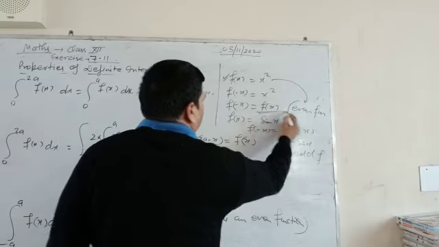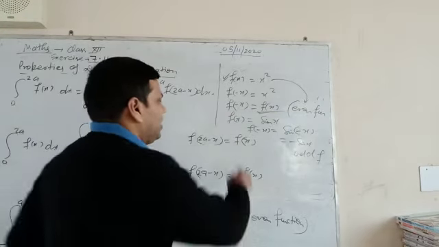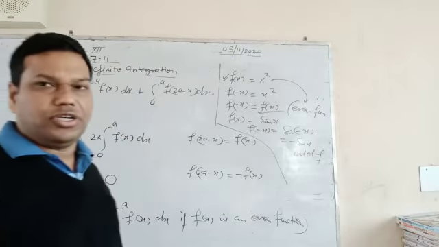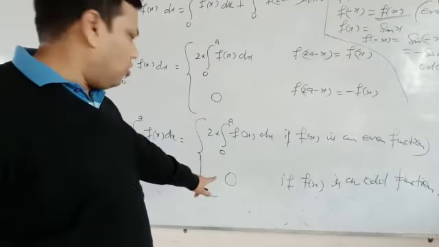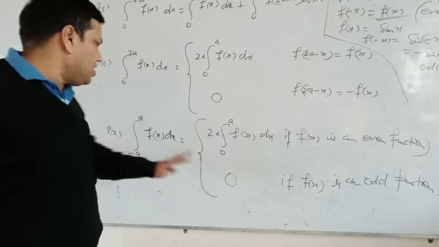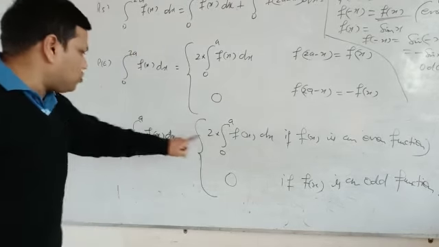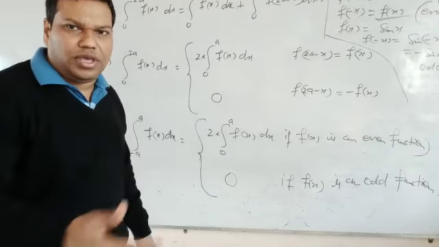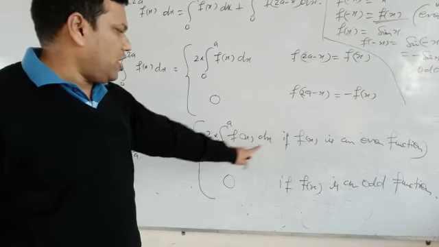If we get the positive f(x), it is an even function, and if we get the negative, it is an odd function. For an odd function the value of the integration will always be 0 according to this property. And if it is an even function, the integral from minus a to a will change into 2 into the integral from 0 to a of f(x) dx.